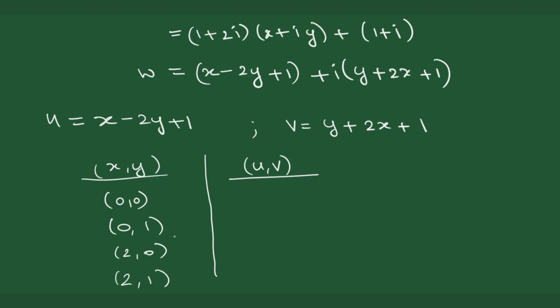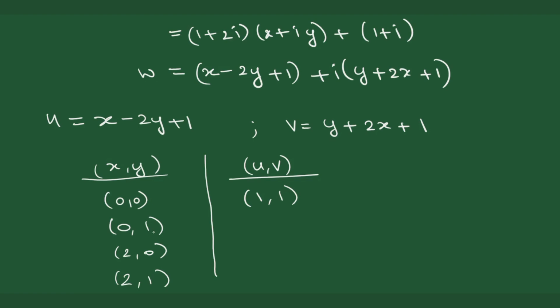Now corresponding to this, you know what u and v are. So we have to substitute this 0, 0 here in u and v. So here u gives you 1, and v is also 1. So u, v is 1, 1 corresponding to the value 0, 0.